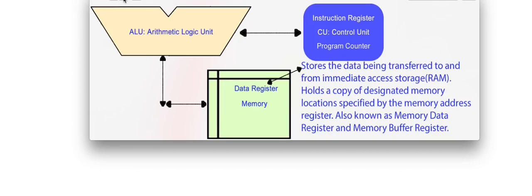So it just holds a copy of the memory location's data. It is also known as the memory data register, or MDR, or the MBR, the memory buffer register. So we've got a number of different initials to remember on that one. That's what the data register does, but significant to that is that we need to know what the memory address register does.